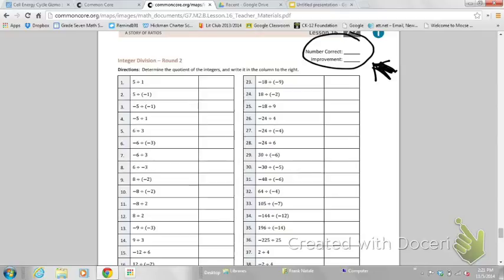If you'll go ahead and, again, write your number correct here, and then find your improvement here. Alrighty? Okay, so go ahead and do that, and let's get back to the beginning of our lesson.